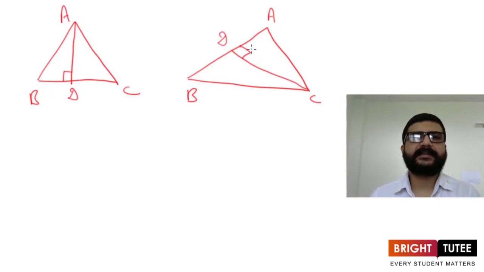Let's take this as CD. So the area of this triangle will be half into AB into CD. So here both the triangles we have taken are acute angled triangles, so their heights are also lying inside the triangle only. Now will it always lie inside the triangle? Or can it be any side of the triangle?